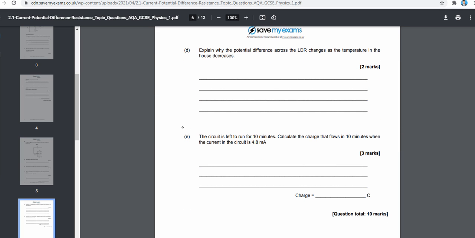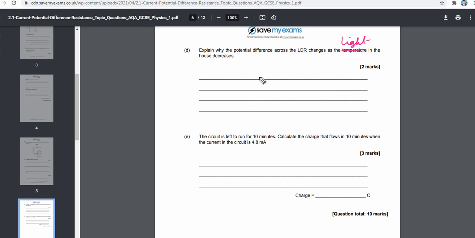Now the next part says explain why the potential difference across the LDR changes as the temperature in the house decreases. Well, I think it should be light, as the light in the house decreases. This should not be the temperature, this should be the light, because LDR is a light dependent resistor.